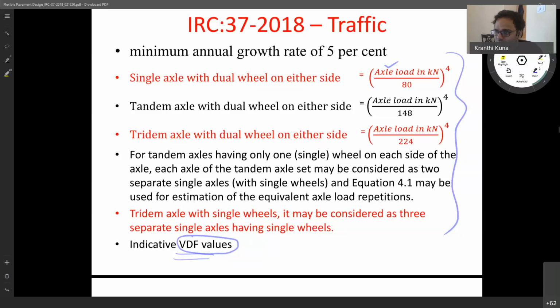So what is the significance of considering 80 or 90% reliability? As I said, for the more significant roads, we consider 90% reliability. You can think of it in terms of confidence. The 90% performance equations give fewer road repetitions.